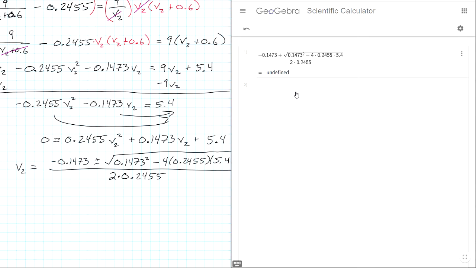That says undefined. And that means that inside's not working out the way that it's supposed to, so something's wrong. Let's see if we can find it real quick here.